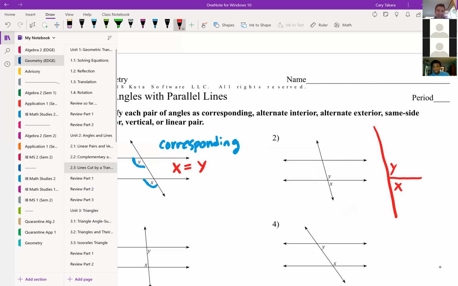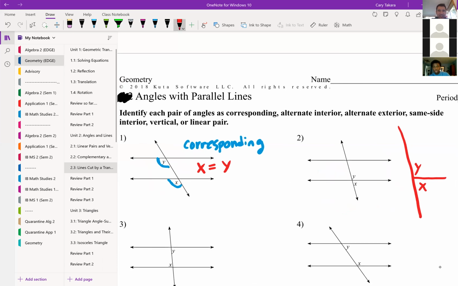Maybe we should read the instruction, right? We've got corresponding, alternate interior, alternate exterior, same side interior, and then we've also got vertical angles and linear pair. Isn't this a linear pair?